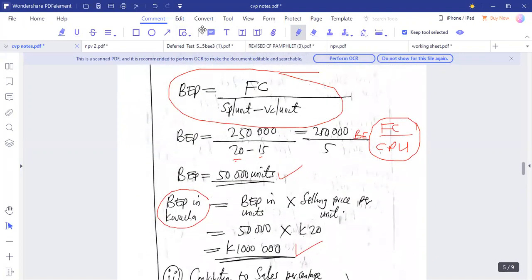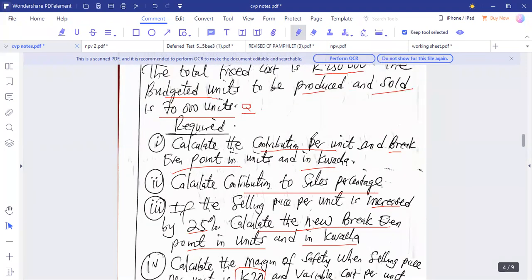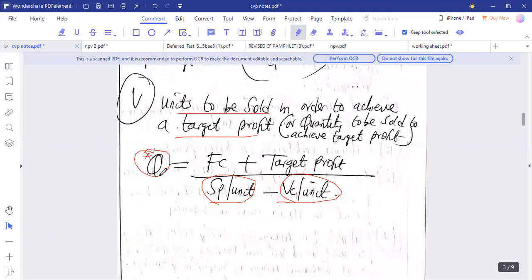Now you can move on to the other question. What is important is just understanding the question. The other question says, find the target units to be sold to achieve a profit of 150,000 when the selling price is 20 and the variable cost is 15 per unit. These are units to be sold to achieve a profit.